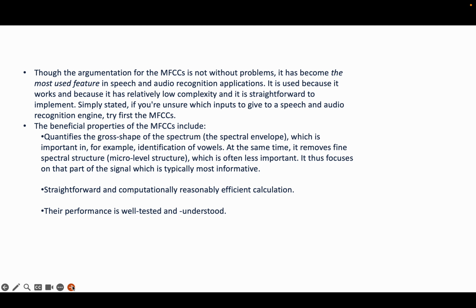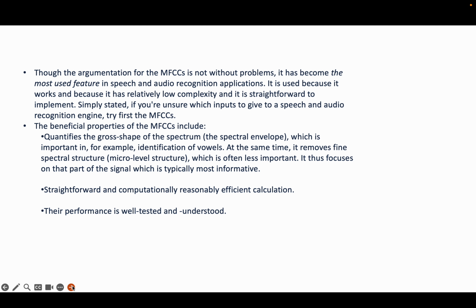The MFCCs have become one of the most widely used features in speech and audio applications, mostly because it works, and compared to other techniques, it is relatively straightforward to implement. So if you're unsure what inputs to give a speech and audio recognition, the first thing to try are the MFCCs.